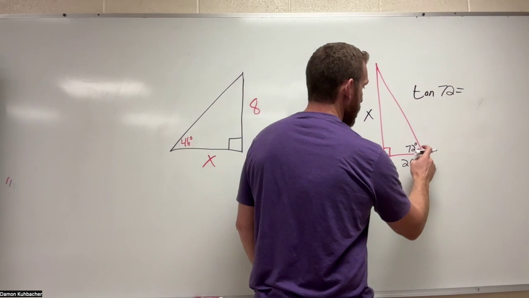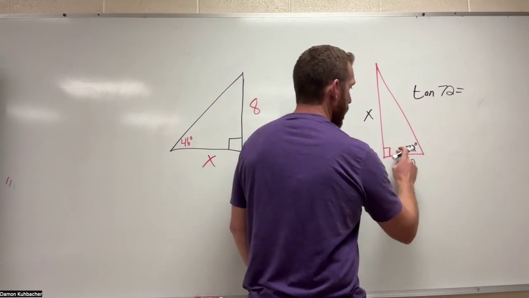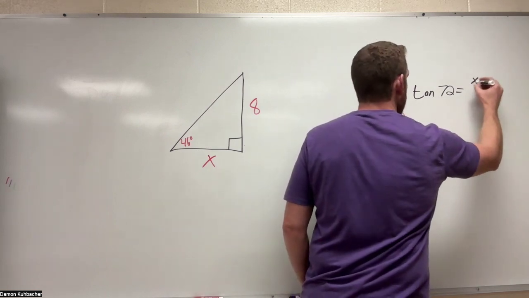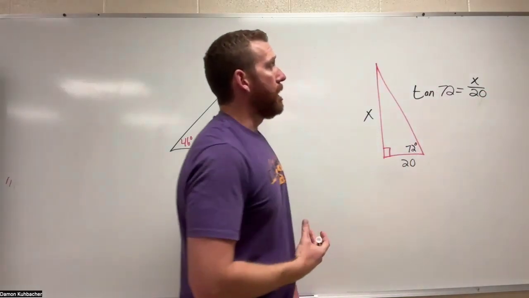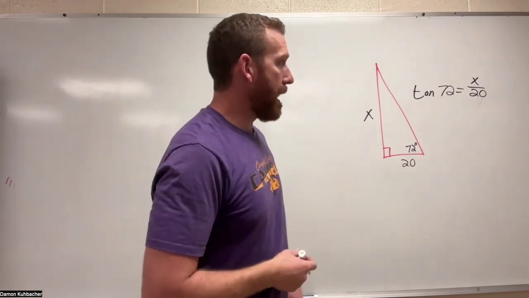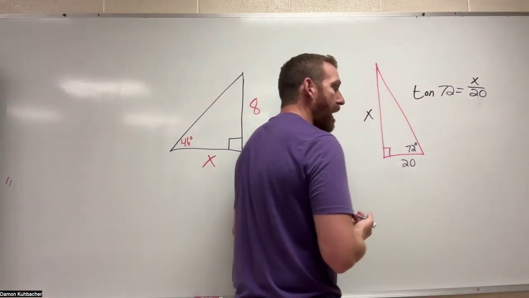So here's theta. Remember, the adjacent must include the 90 degrees and the theta. So opposite is x over 20. All right, cool. Now we're just going to do our regular algebra skills here. We need to isolate x. We need to get it all by itself. So it's telling us to divide by 20.